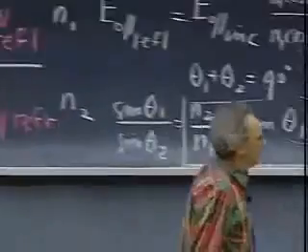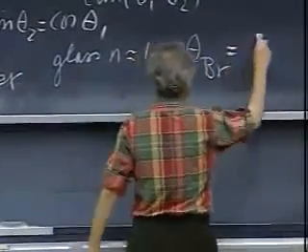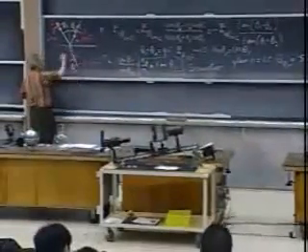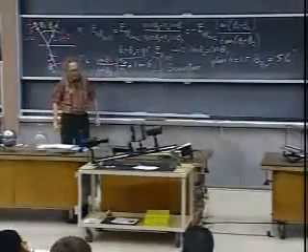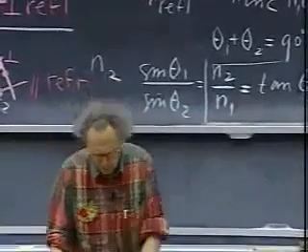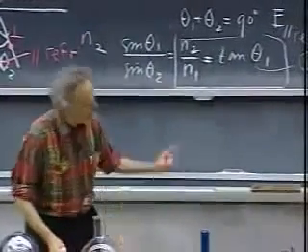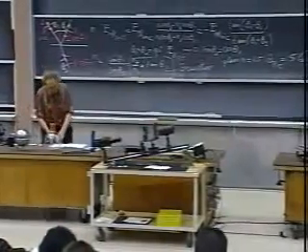Then you will find that the Brewster angle, theta Brewster, turns out to be about 56 degrees. I can also make linearly polarized light by going from glass to air, by bouncing it off this way. Then, of course, I have to invert this, and you'll get a smaller Brewster angle, which is 34 degrees. But since I will do it from air to glass, I want you to concentrate on the 56-degree angle.